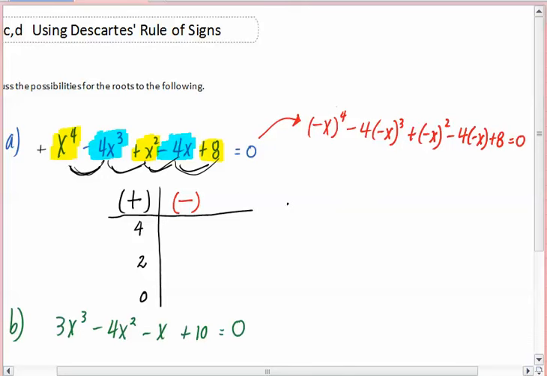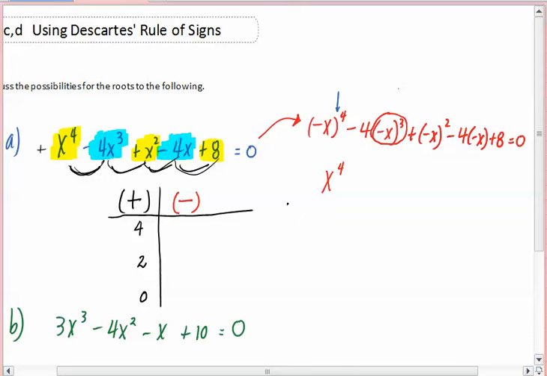What I'm going to do now is go ahead and simplify. In other words, I'm going to apply the 4th power to that negative x. If I have negative x times negative x times negative x times negative x, I'm still going to get the 4th power, but it's going to end up being positive. Now remember, powers have to come first.